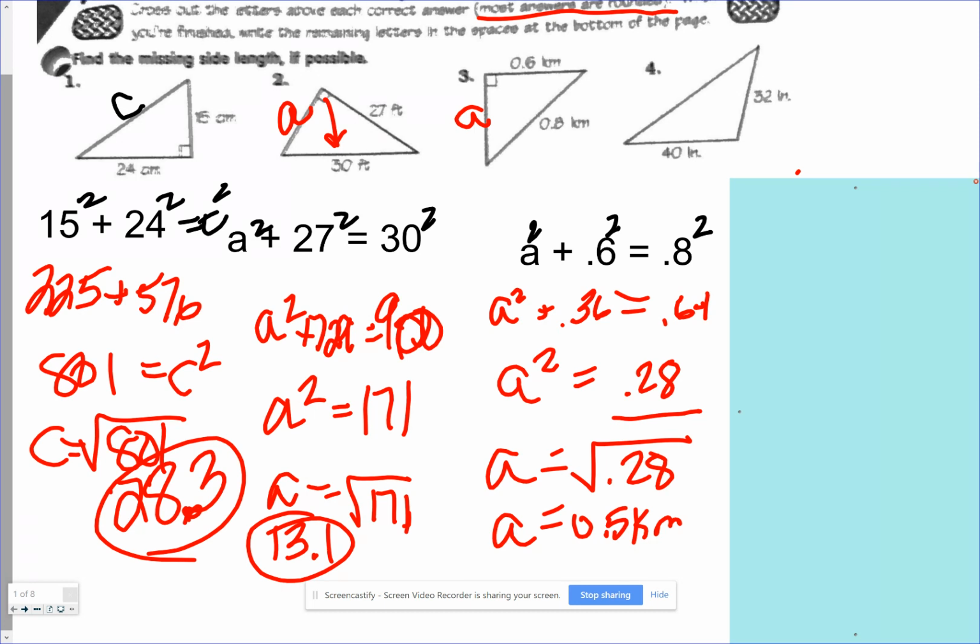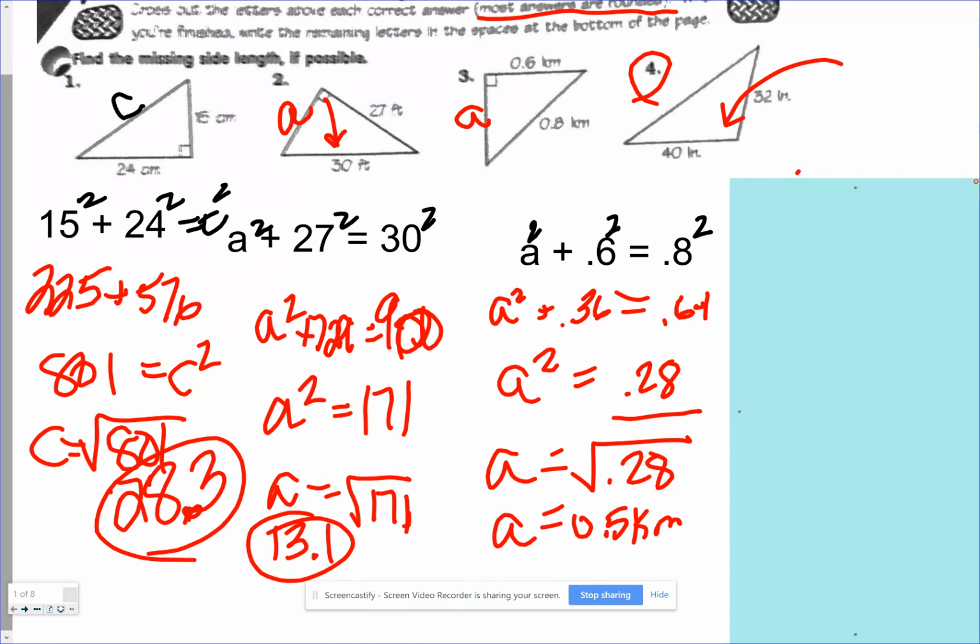Last but not least, look at number 4 here. Something doesn't look quite right about this one. Look at that triangle for a little bit. Notice something? Yeah, that is not marked as a right triangle. Visually, it doesn't even look like a right triangle. So here's our problem.